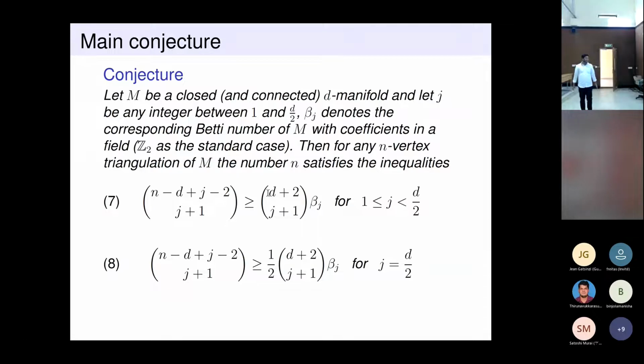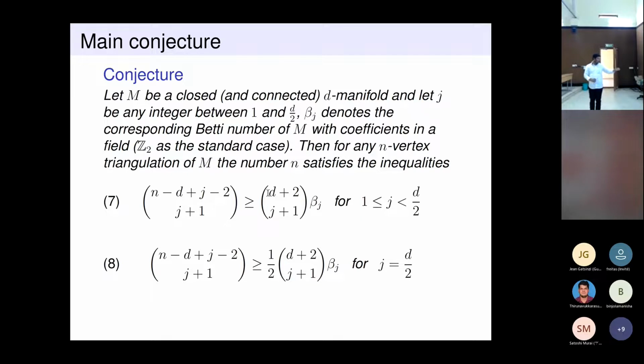So for the time being, we can assume that it is a conjecture, and here it is. Let M be a closed connected d-manifold, and let j be an integer between 1 and d by 2, and beta j denote the corresponding Betti number of M with coefficients in a field. As a standard case, we can take Z2. Then for any n-vertex triangulation of M, the number n satisfies these two inequalities.